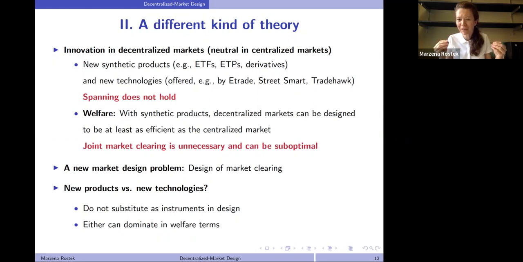Once we dispense with the assumption that all assets must clear jointly, the set of possibilities to clear assets is quite vast, and there are a number of questions we need to answer. As technology advances, is the efficient design going to rely on technology that clears all assets jointly?